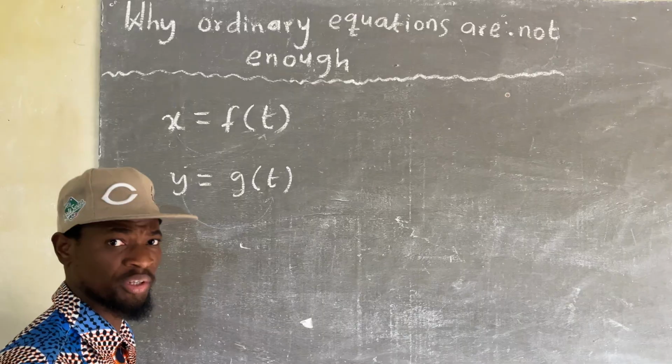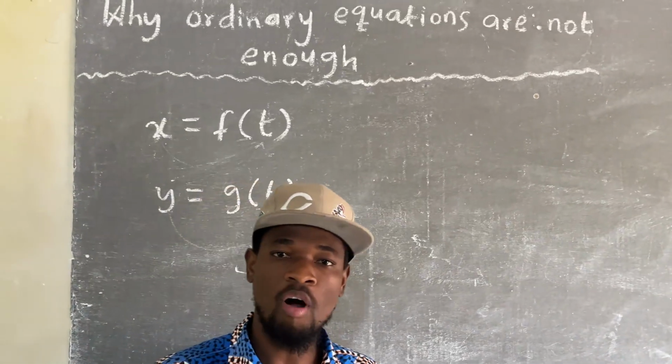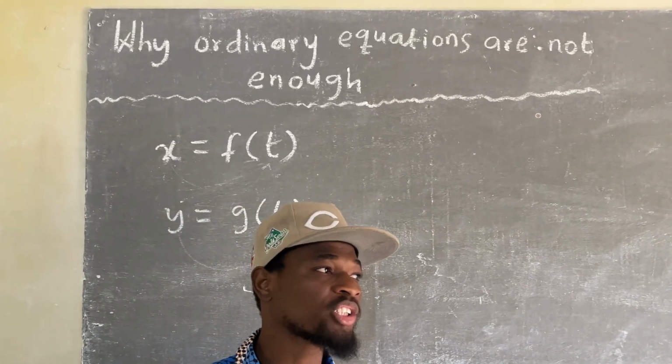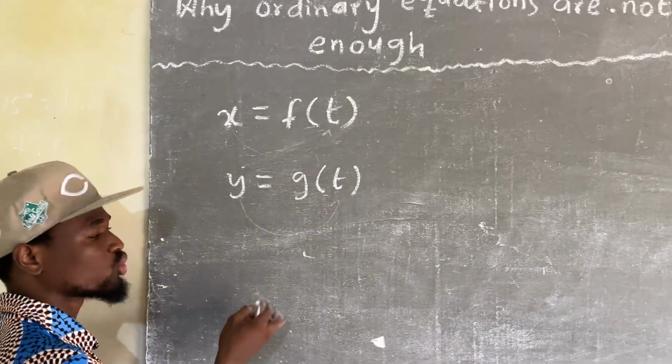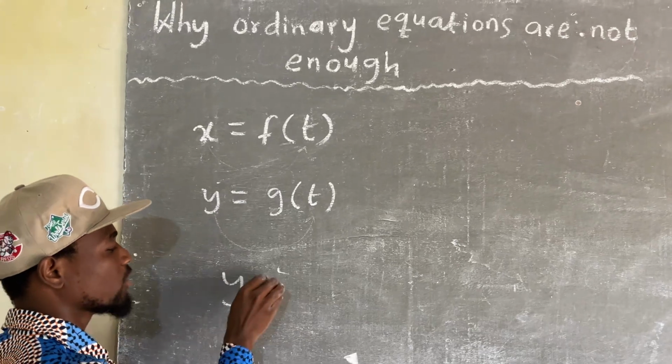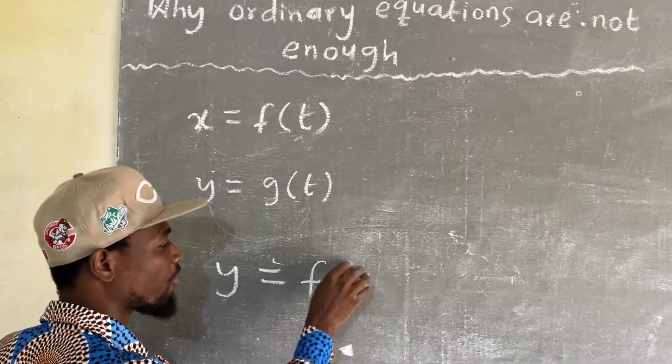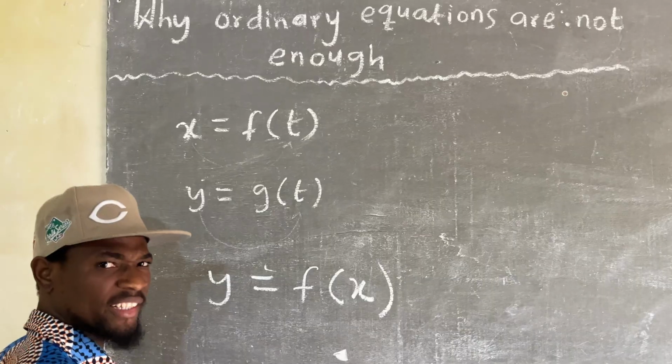Equations of this nature, we call them parametric equations. For our Cartesian or ordinary equation, the representation is y equal to f of x.